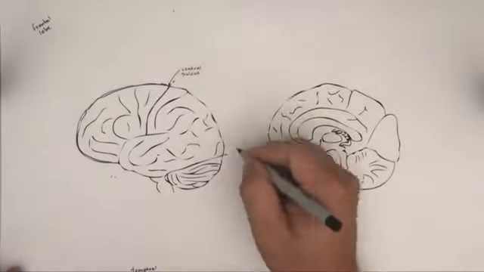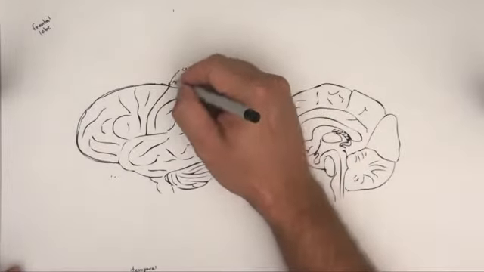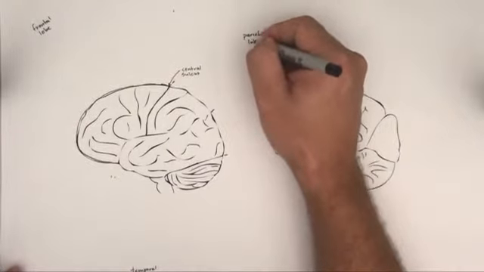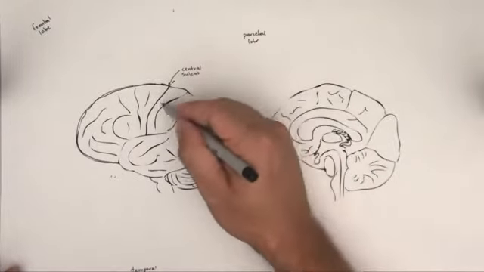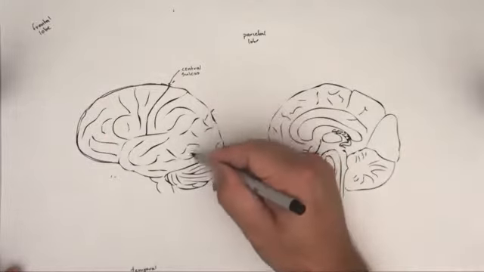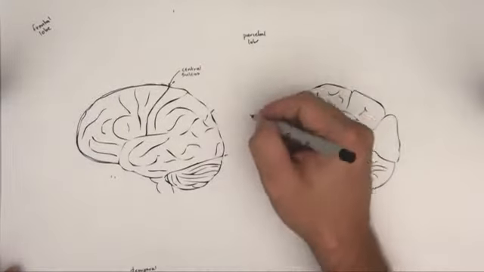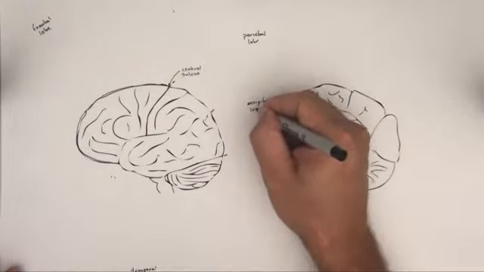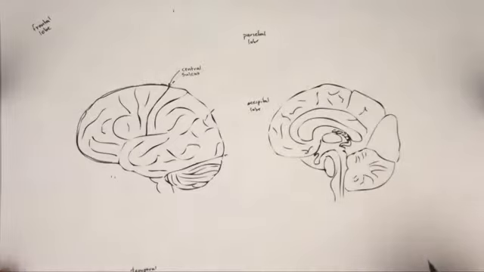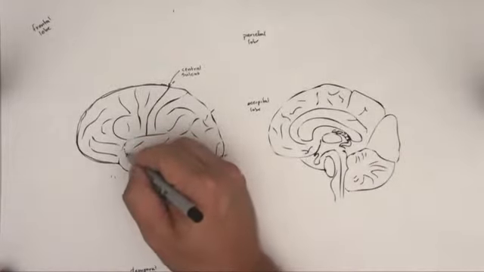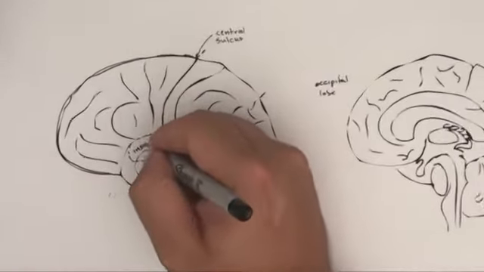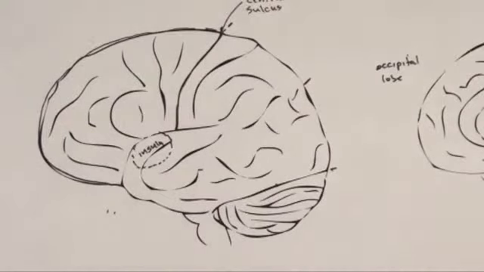This guy back here is the parietal lobe. Wanted to keep away from this area right here because this is called the occipital lobe. I got one more lobe left over, and you can't really see it, but it's deep in here, and that's called the insula. Okay, so those are the lobes of the brain.